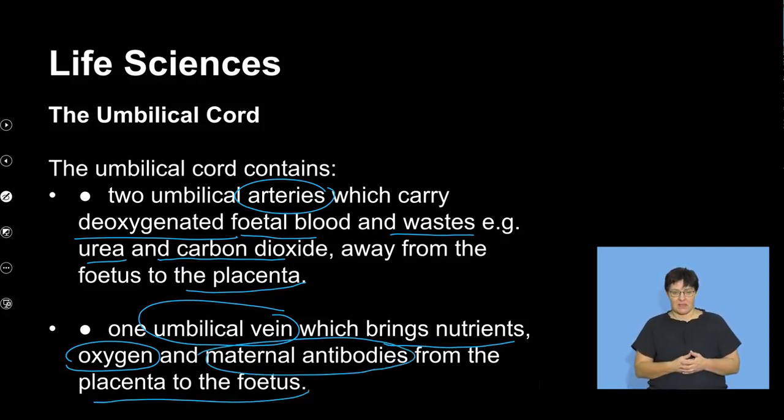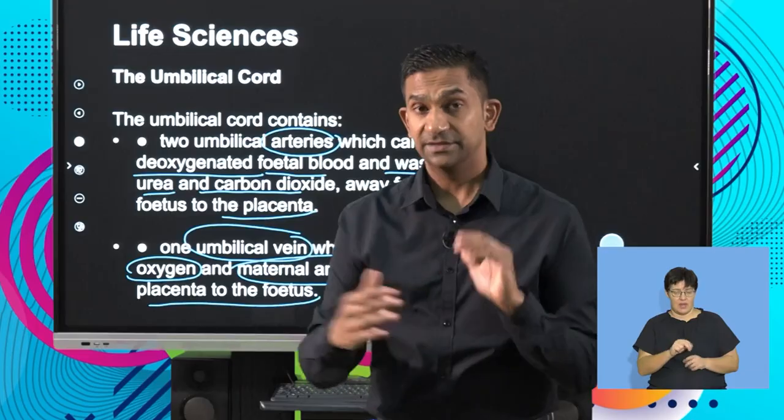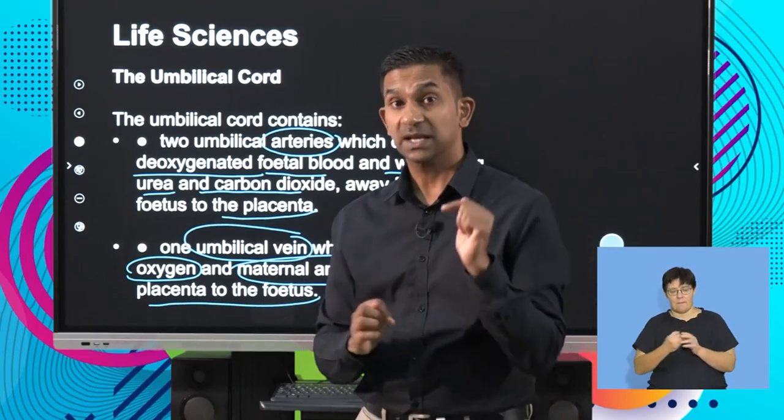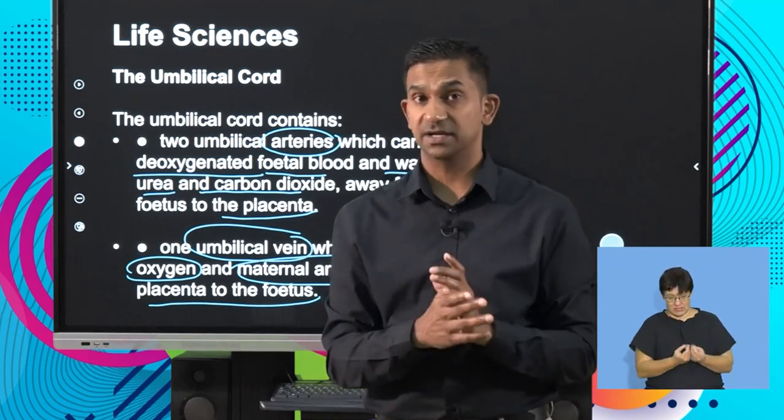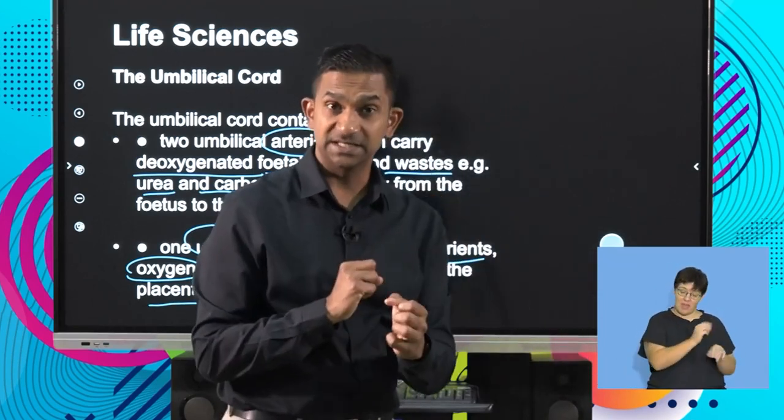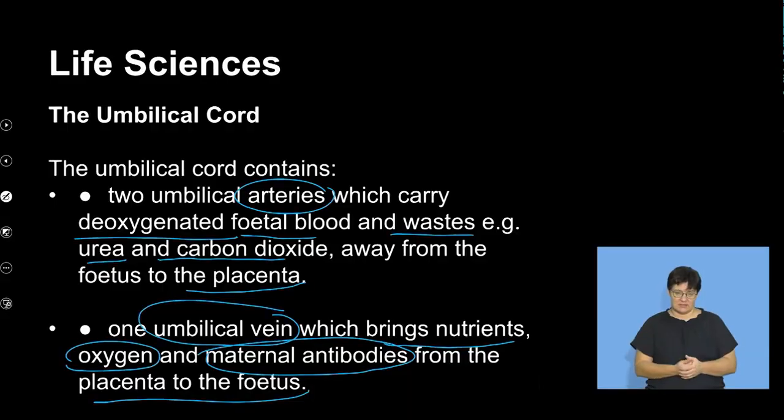So we see that you've got two umbilical arteries, my apologies, and a single umbilical vein that allow for the exchange of nutrients as well as the exchange of waste products between the maternal blood supply and the fetal blood supply.